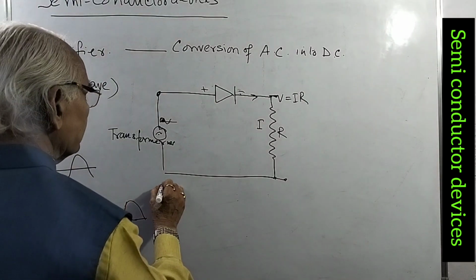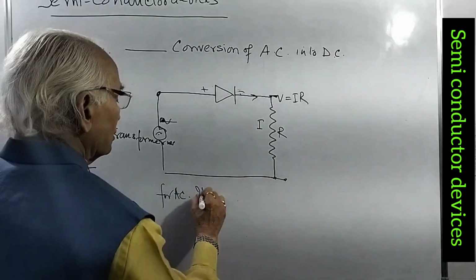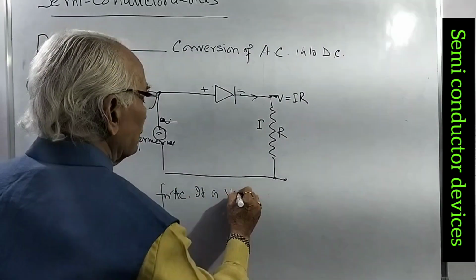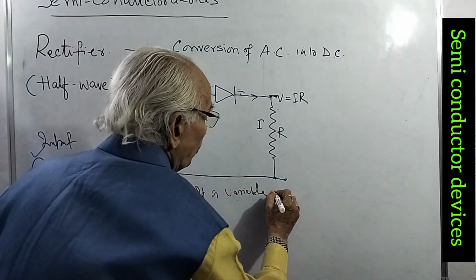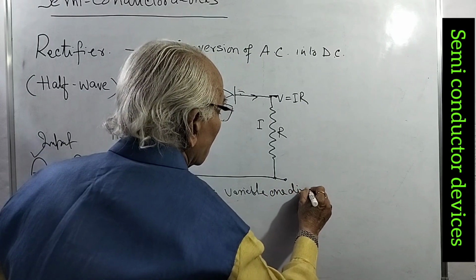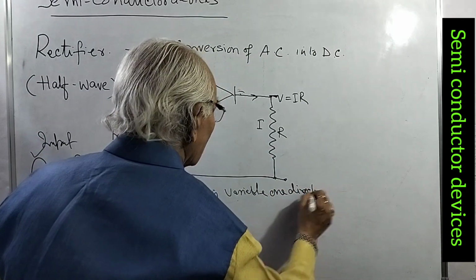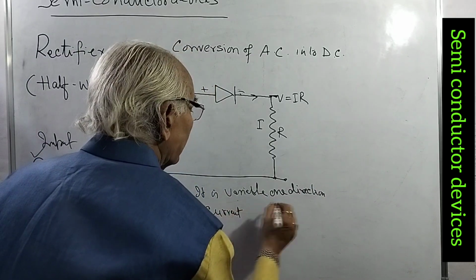So for AC, we get a variable, positive, one direction current. One direction only.